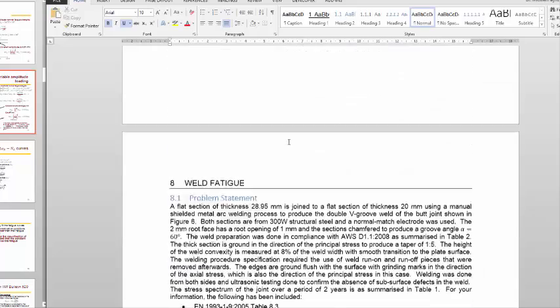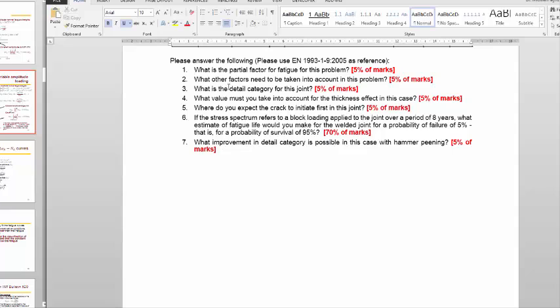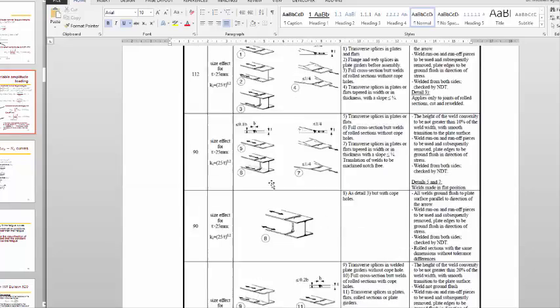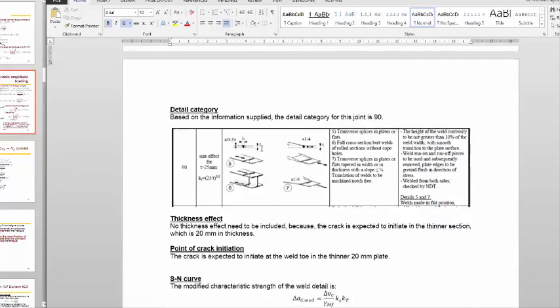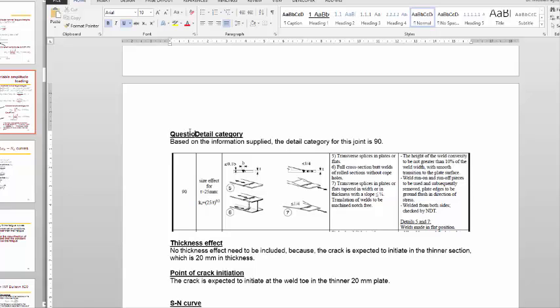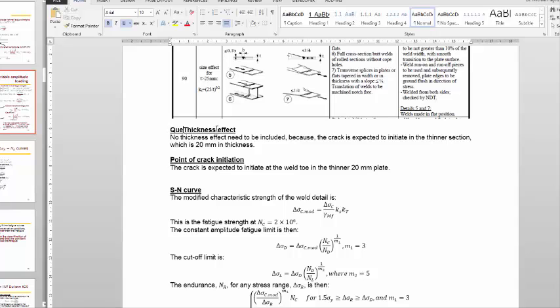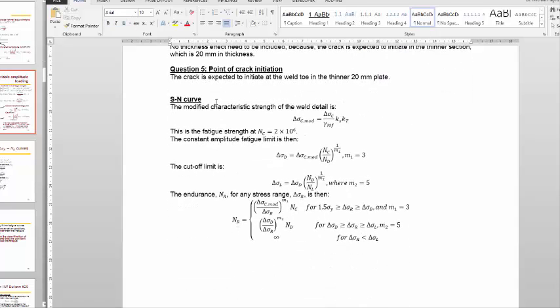Question 3 was the detail category, and question 4 was the thickness effect. Question 5 was where we looked at the point of crack initiation. And then question 6 is the damage and life calculation.